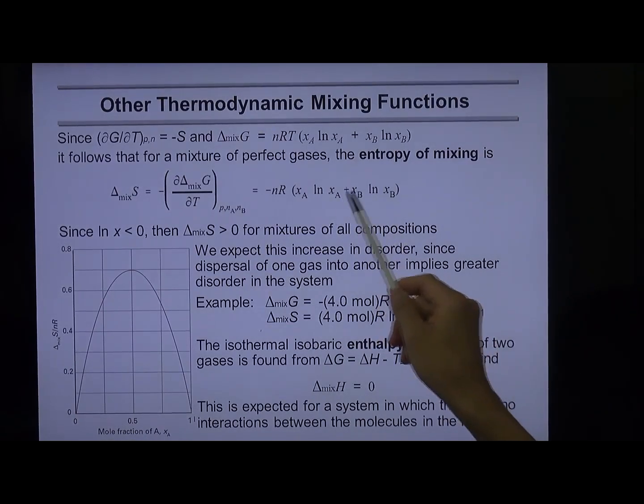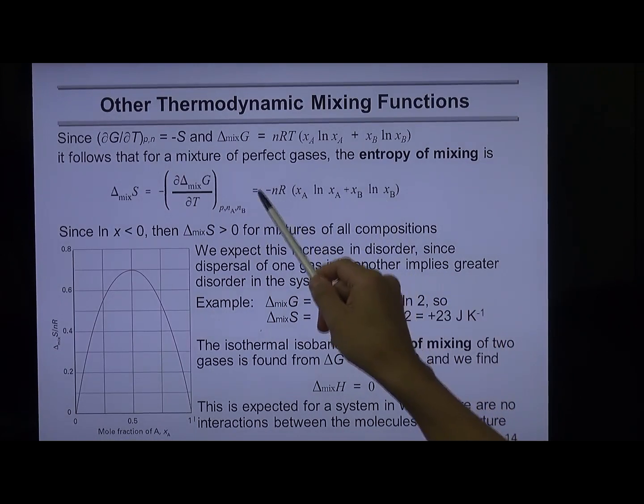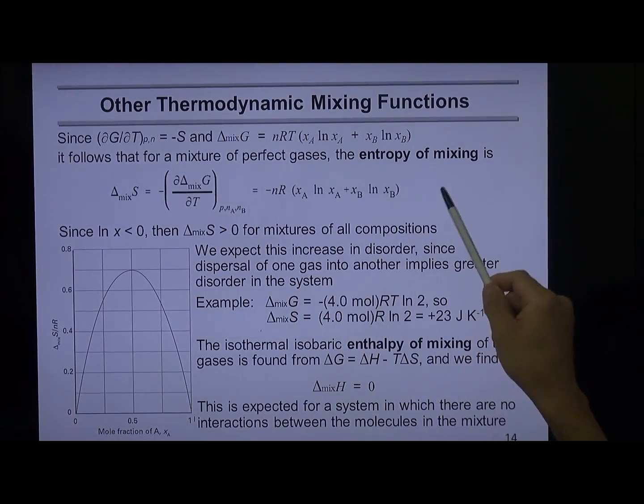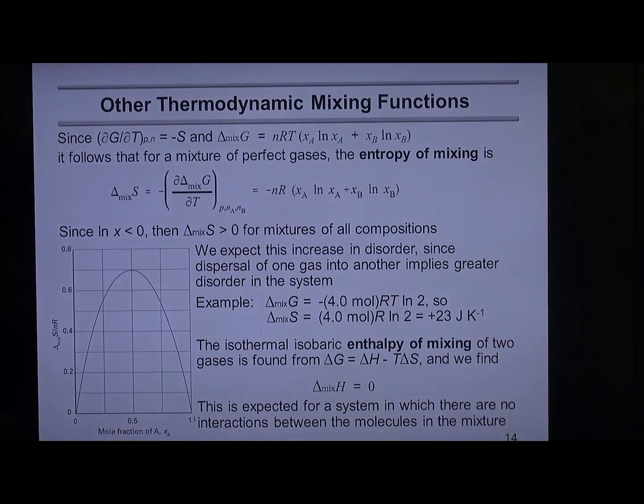Since these log values are negative, with the minus sign, the entropy of mixing is positive, right? So by mixing two different gases, we increase the entropy. We increase the randomness or disorderliness. That's obvious, right?